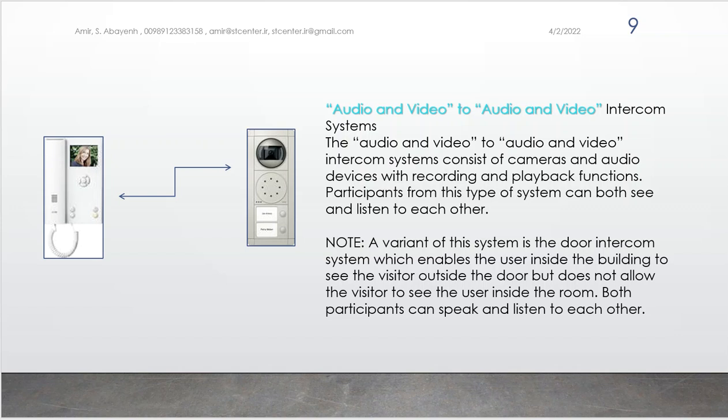Because most of the time when we talk about the intercom, we want to put an outdoor station at the outdoor of the building and have some indoor stations inside of the building.